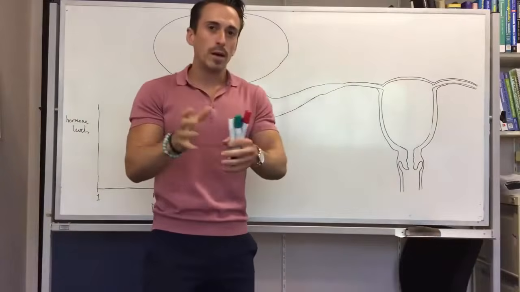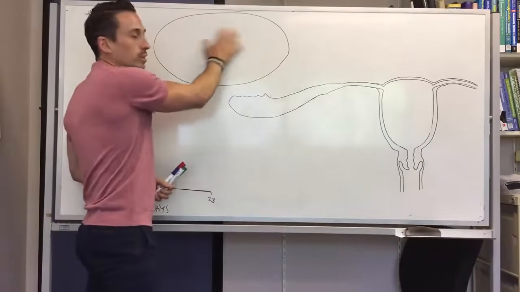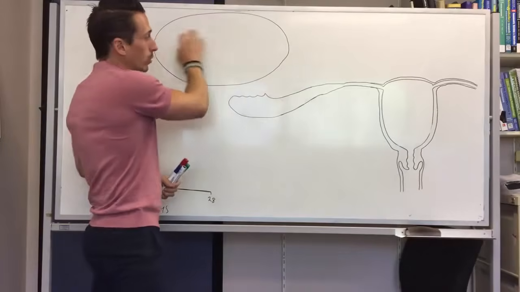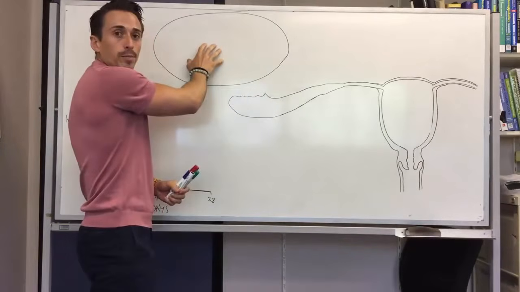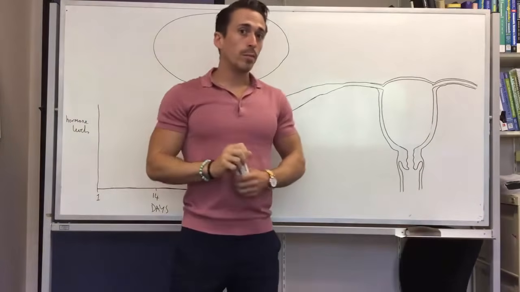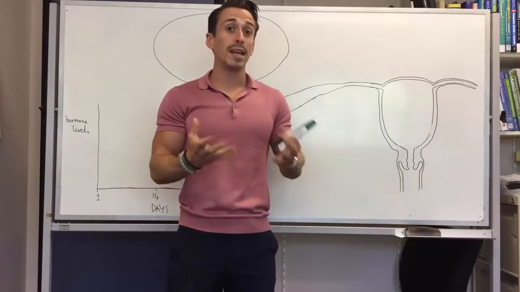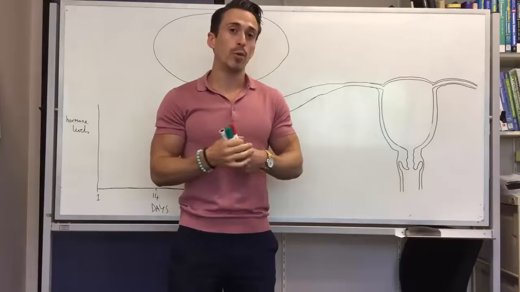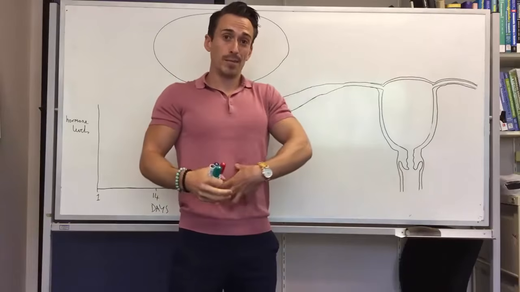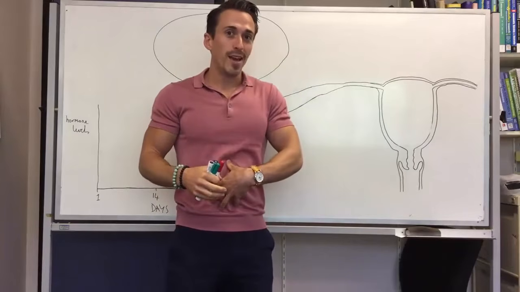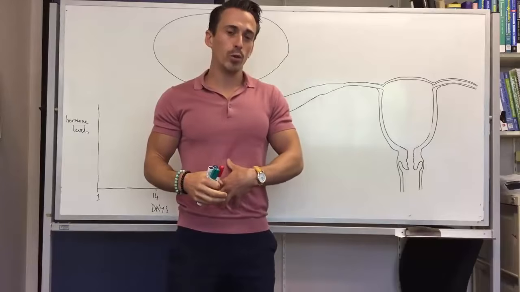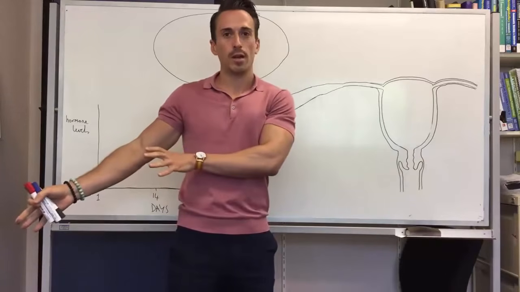Now, for females, you'll find that there are thousands of oocytes, what we call primordial oocytes, in one ovary. Where do they come from and how long have they had them? Well, basically, when females are in utero themselves, so for example, when a female is within their mummy's tummy, so to speak, they already have all the oocytes they need for their entire life.